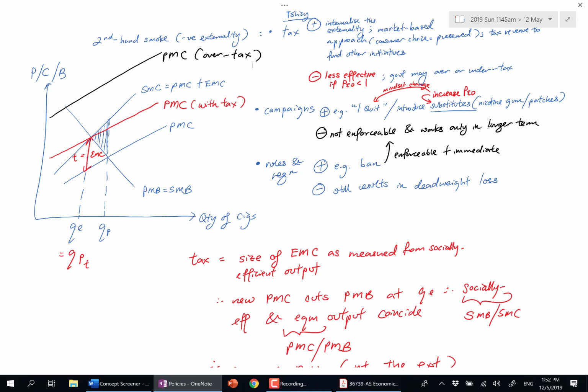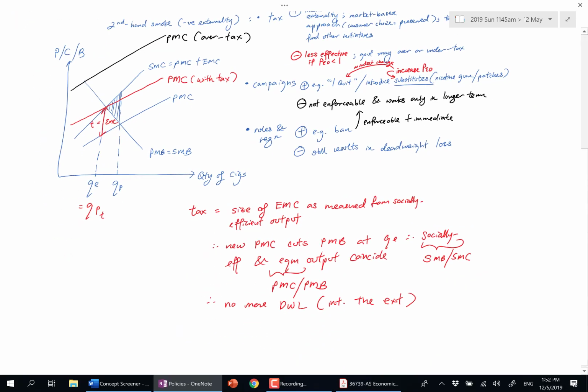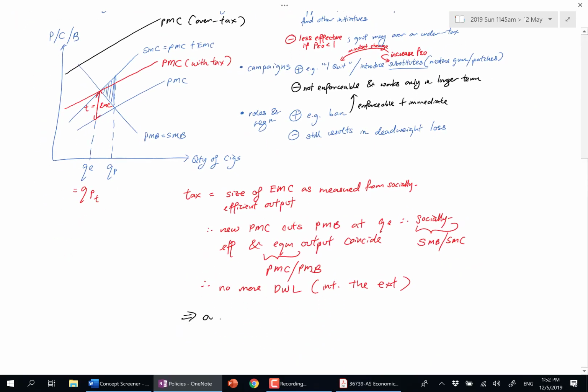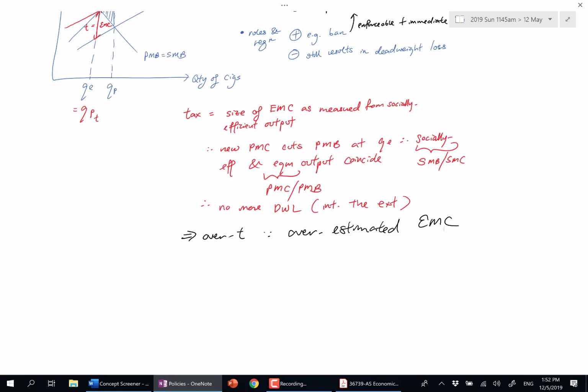Okay. And how is it possible that we can overtax? Overtax is because we overestimated EMC. We thought the spillover cost is so big. How do you overestimate EMC? It's because we probably over-attributed maybe lung problems to smoking.